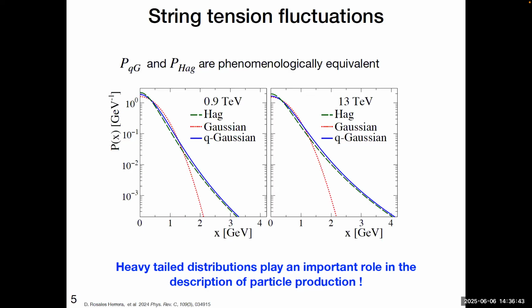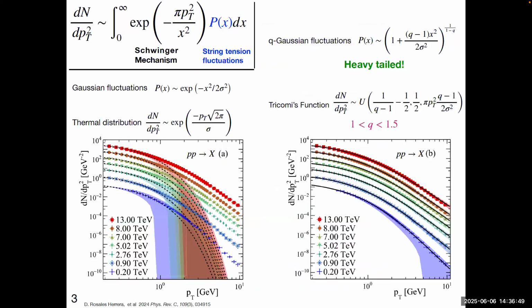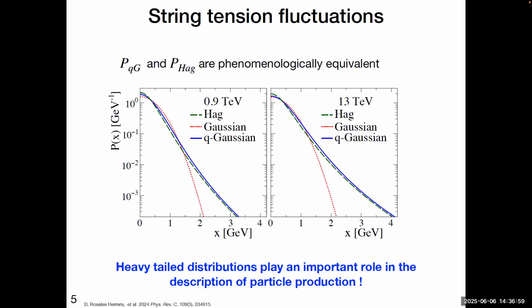So that's why these approaches can describe the high PT values, and notice that the Gaussian, the thermal distribution, cannot describe this region because of the Gaussian string tension fluctuations. They are in red, right? So one of the main results of our work is that heavy-tailed distributions are very important to describe particle production.